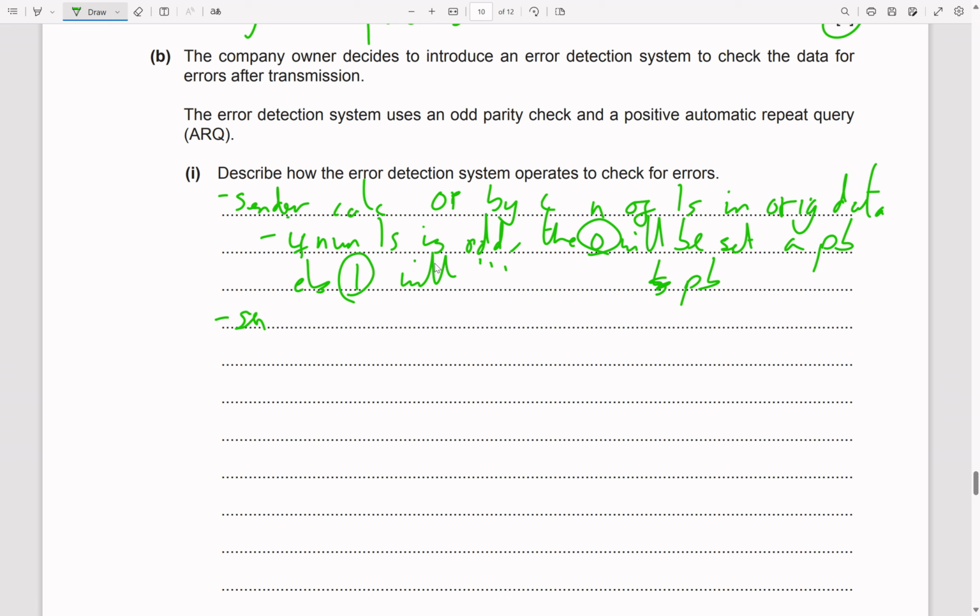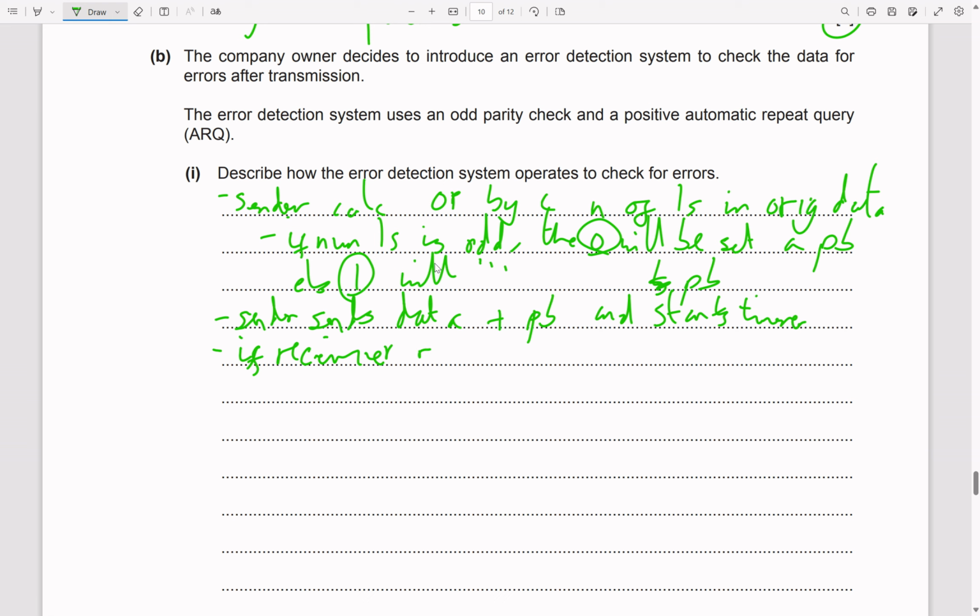We can say the sender sends data and PB, the parity bit, and starts timer. Then the receiver. Let's think of the different scenarios. The first one can be if they receive it and it's correct.